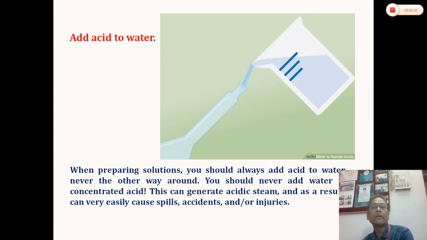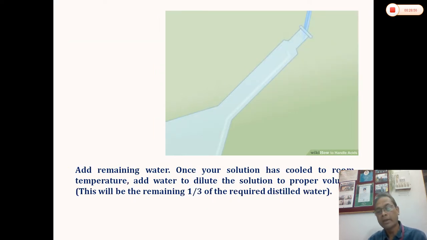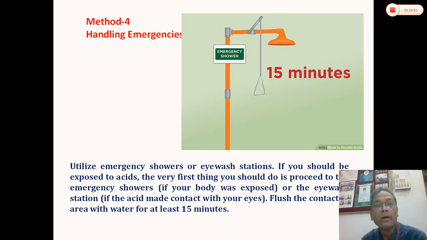But if you take acid and then add water, the heat evolved during this process is very high and may destroy the flask, or high heat will be evolved that may harm you. Then after adding the requisite amount of acid, make up the volume to the required capacity of the volumetric flask.